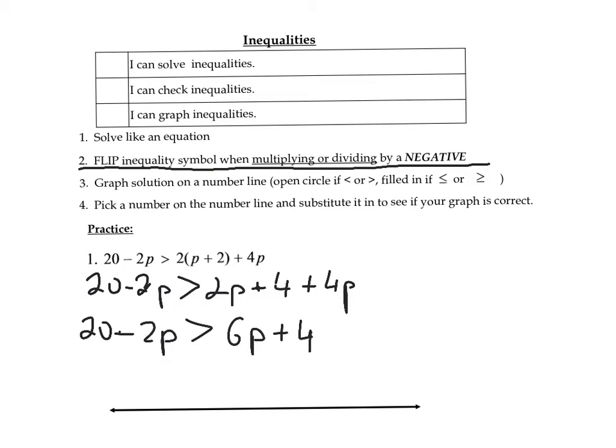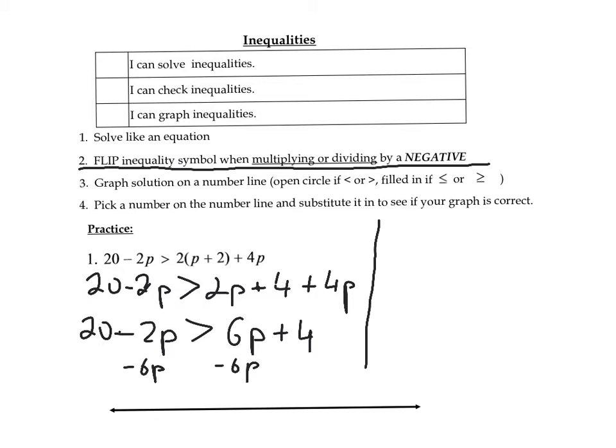Now you can probably do this in 4 different ways. I will try to keep the variable on the left side, and there's a reason for it, because I want you to flip the sign in a few minutes. So I will do minus 6p on both sides, and I will continue over here so I can still use the number line later.